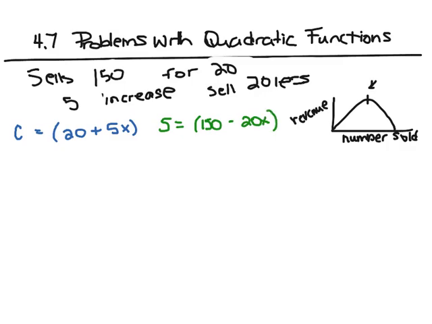And your revenue will be equal to the product of the two. So 20 plus 5x and 150 minus 20x. So same kind of parabola, the number sold and the revenue. So we're going to simplify this.